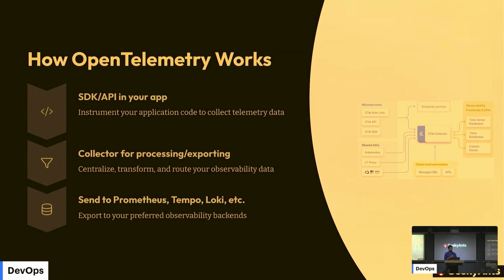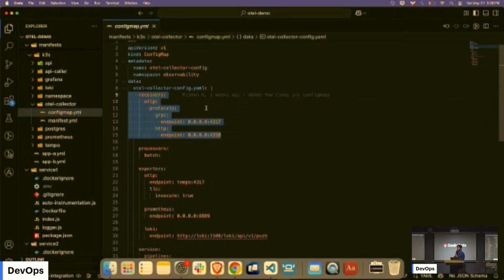All your application data from different distributed deployments will be sent to this OpenTelemetry collector. From there, OpenTelemetry processes this data and sends it to the backend monitoring tools, whichever you are using. There's one small configuration file which I would like to show you. This is the receiver of OpenTelemetry.